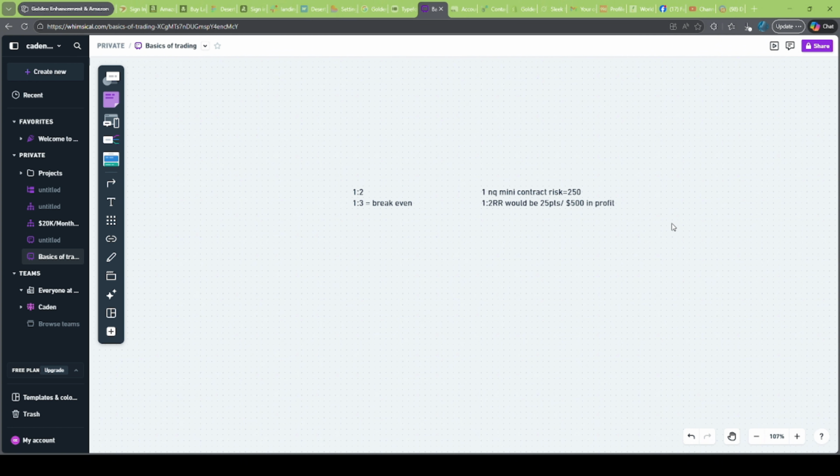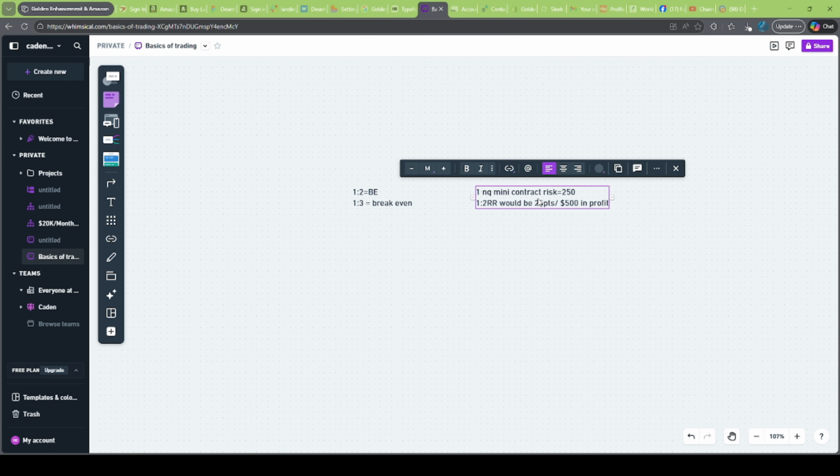So as far as trade management and how you should be managing your position, this is it right here. Anytime you get 1 to 2 R, you're going to want to go break even. So 1 to 2 R would be 25 points in profit or $500.